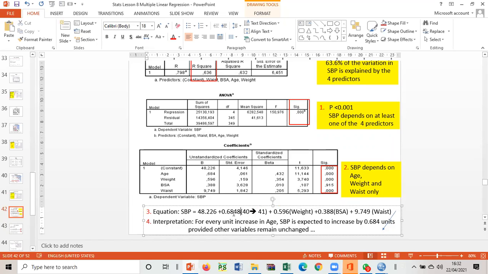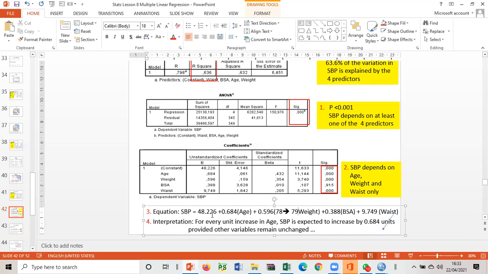Question? Next, how to interpret weight? In terms of kgs. Supposing within the year, same age, BSA and waist, the weight goes up, let's say currently weighs 78 kg, and it goes up by 1 kg, becomes 79.